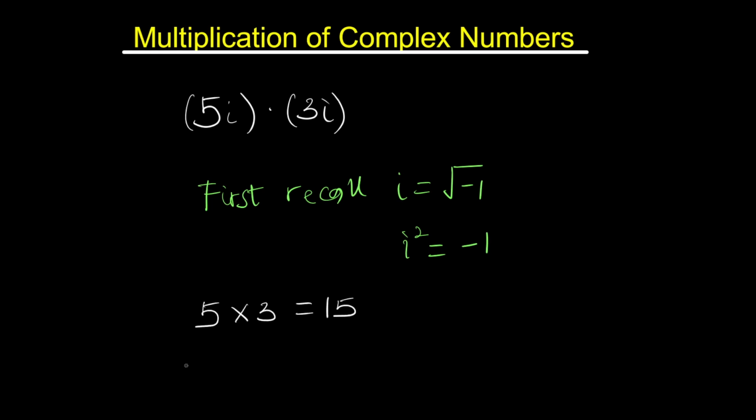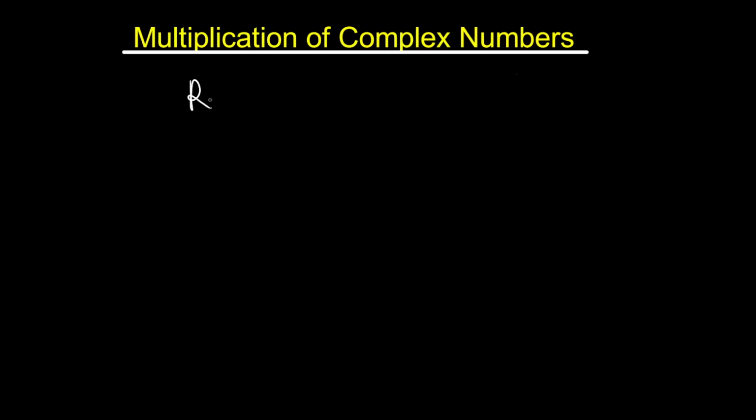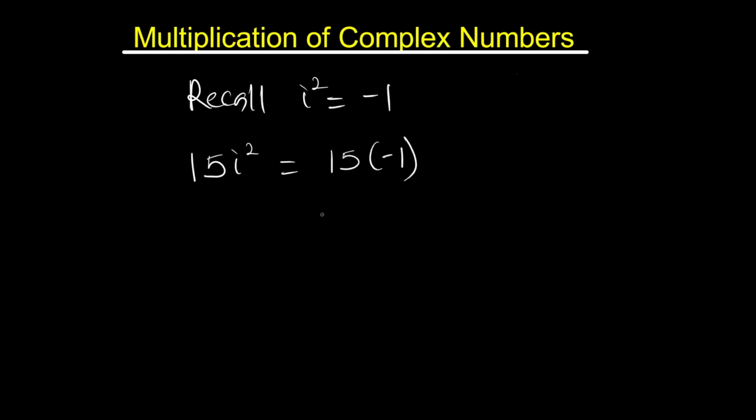This entails that 5i multiplied with 3i will be equal to 15i squared. So recall that i squared is equal to minus 1. Hence, 15i squared will be equal to 15 times minus 1, and this is going to yield negative 15.